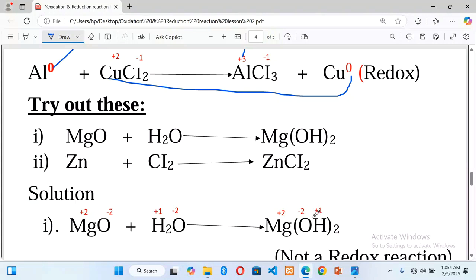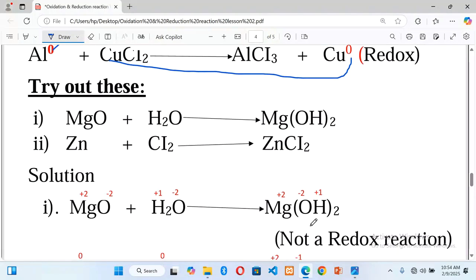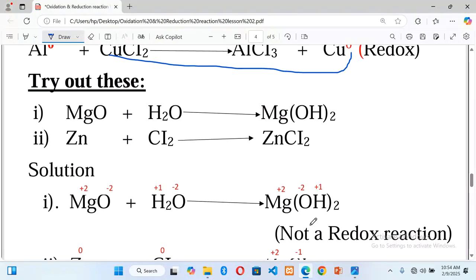I believe we know where this comes from, because we said that for hydroxide, oxygen has a negative 2 and hydrogen has positive 1. So the net charge here becomes negative 1.